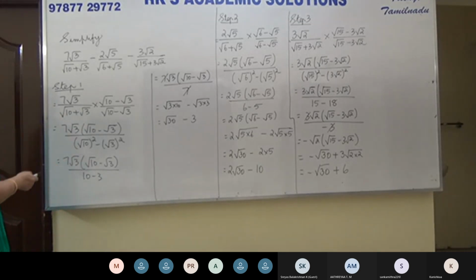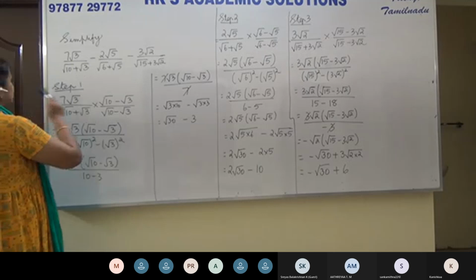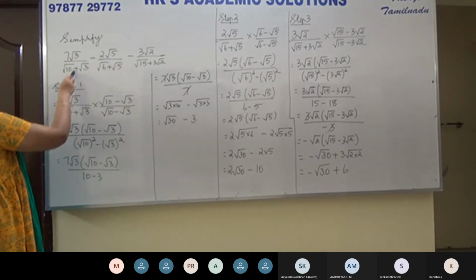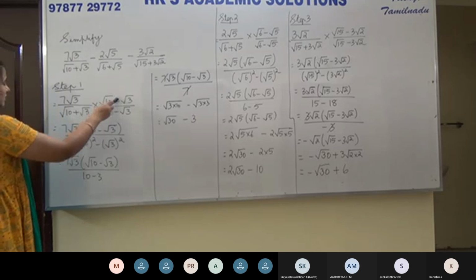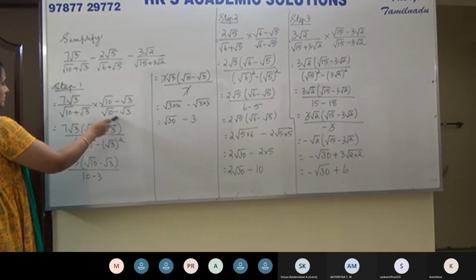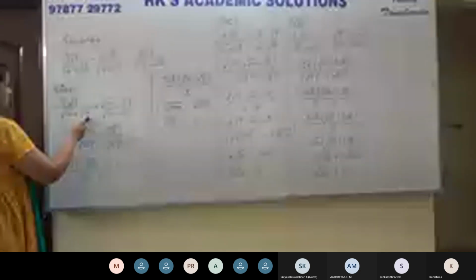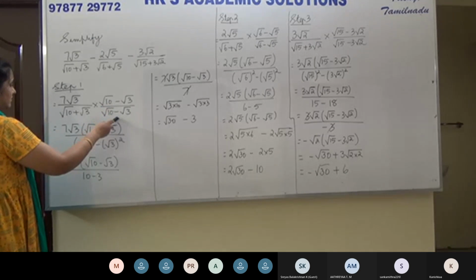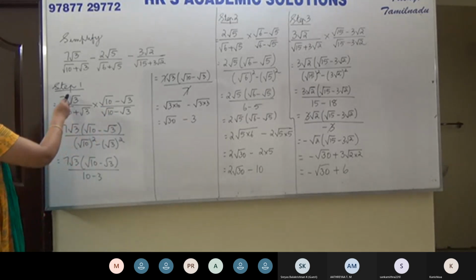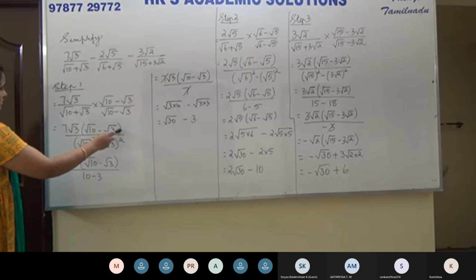So I have nothing much to say, children, because this is not a new question. It's familiar to you. Take up this first portion, 7 root 3 by root 10 plus root 3. Multiply and divide by its conjugate, root 10 minus root 3. And now multiply the numerators.